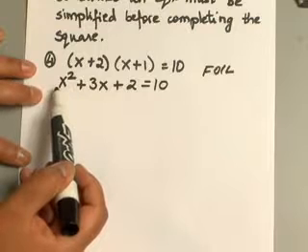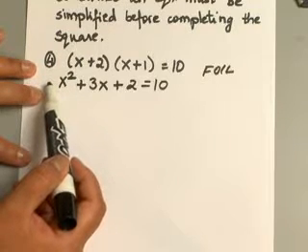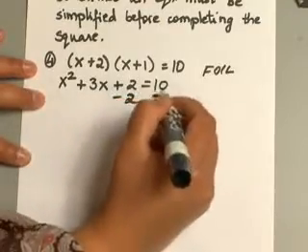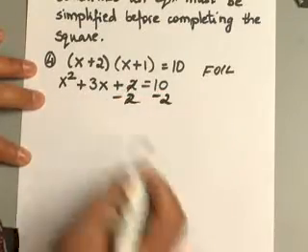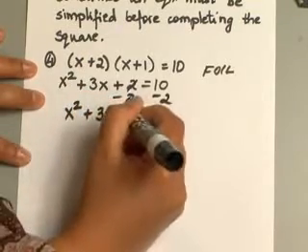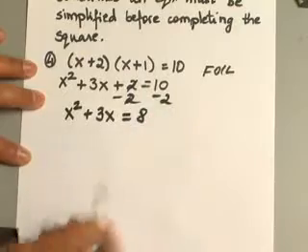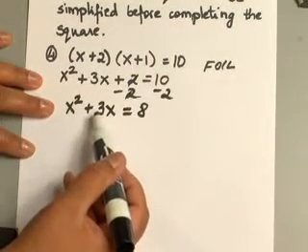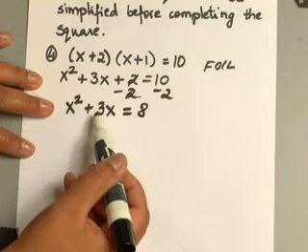Okay, so once you FOIL these two together, this is what you should end up with. And now you will see that your leading squared term has a coefficient of 1, so you don't have to worry about dividing it by any numbers. The next step we do is take the 2 over to the other side, and you're left with x squared plus 3x equals 8, 10 minus 2.